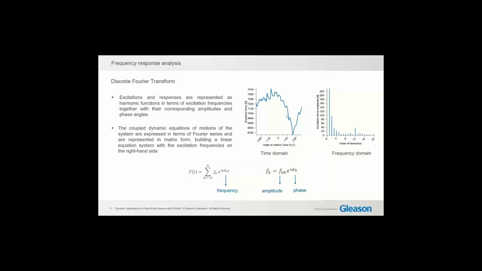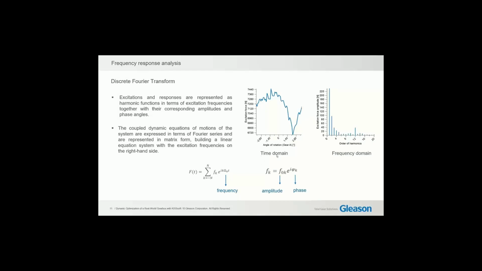So if you look at the figure represented in time domain, this is a typical excitation force. Based on this approach, we represent this function as a summation of periodic functions dependent on the number of harmonics required.